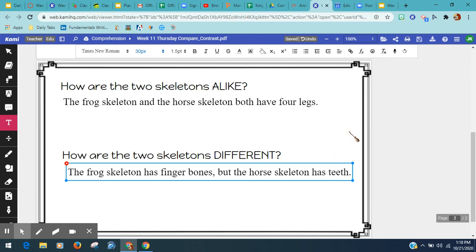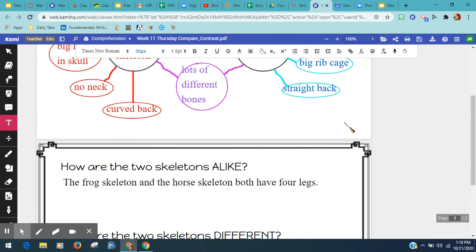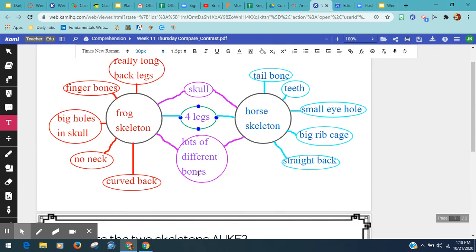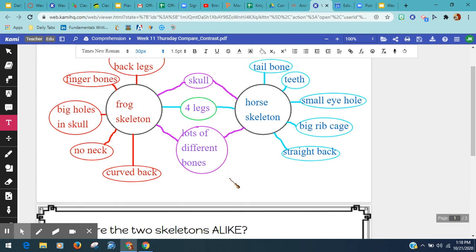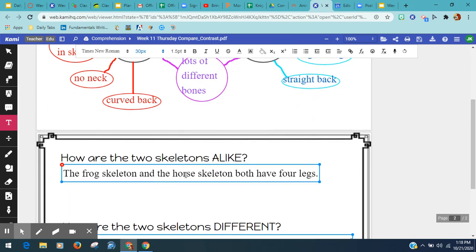I didn't try to stick in all of the ideas. I just chose one. So for my two answers, and pause here if you need to finish, because I'm about ready to slide back up to my double bubble. For my two answers, I chose one thing that was the same about them, and I wrote the frog skeleton and the horse skeleton both have 4 legs.